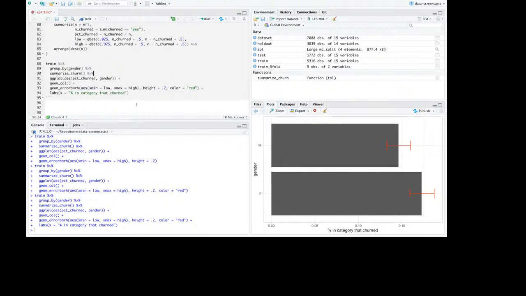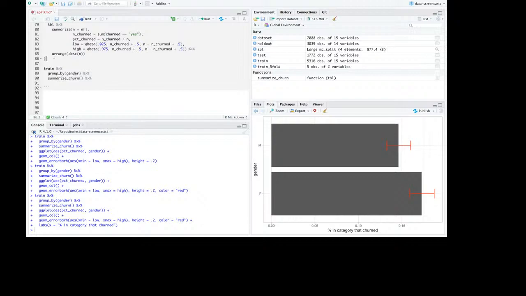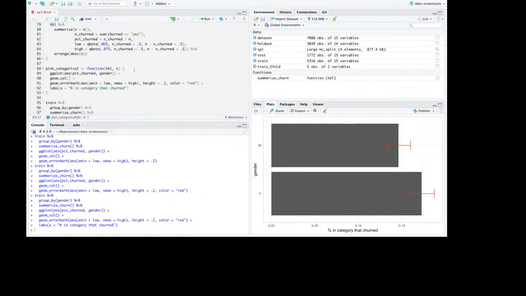And what I might do is I might say categorical function, x, the data, and then x, actually I'll do x in category. And there's a great trick here, tidy eval, where I can say, is it double curly? I believe it is, yes. And then all the rest stays the same.